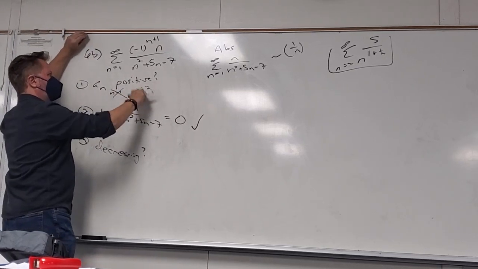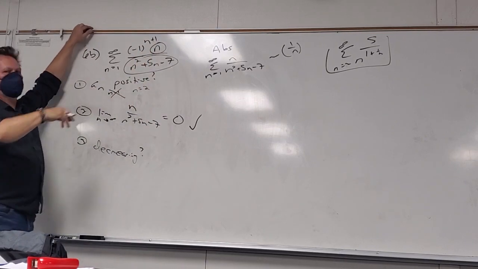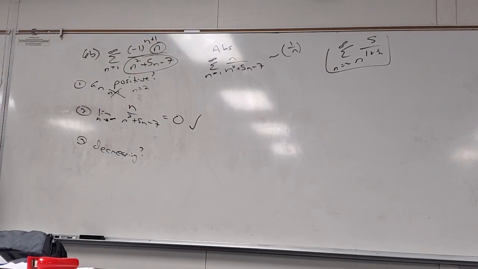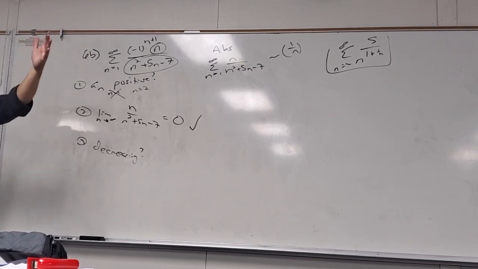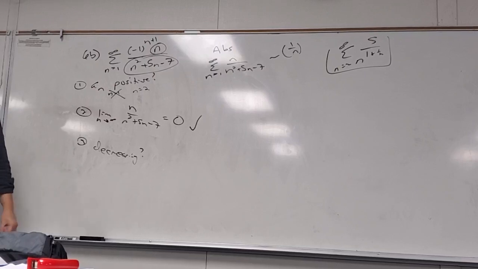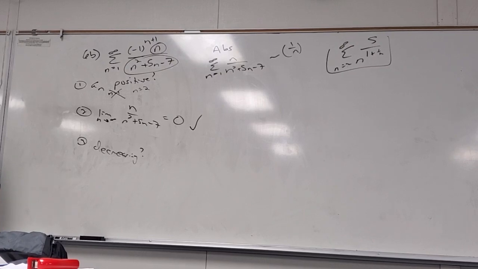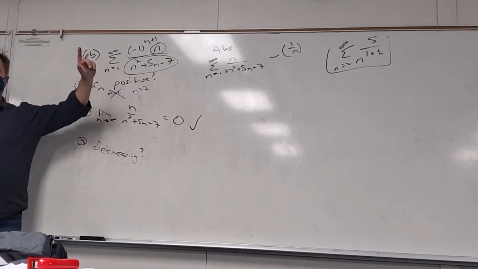How could I show very quickly that it's positive? I love that you guys are out there going, we can't even show the thing's positive. Well, what's the bottom? The top is n. That's positive, because n goes from 1 to infinity. It's positive by definition. What's the bottom look like if I graph it? A parabola. At 2 it's positive, correct?